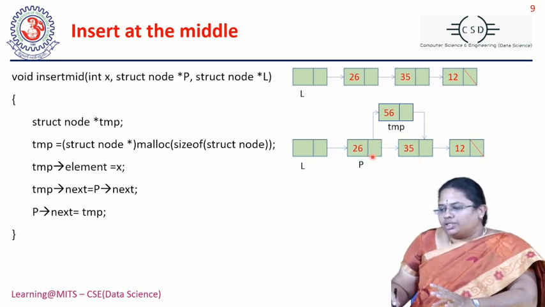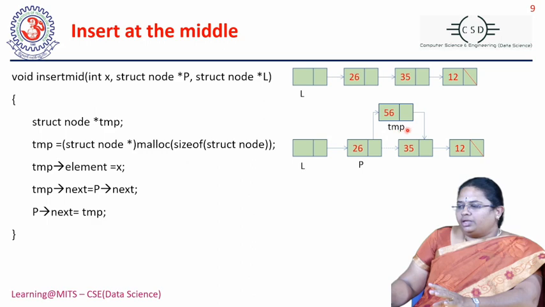So temp next is equal to p next, and so the right side link will be established. And then if I write p next is equal to temp, this place will be copied with the address of temp, so the left side link will be established. This link gets cut, and this link is formed, readjusted.